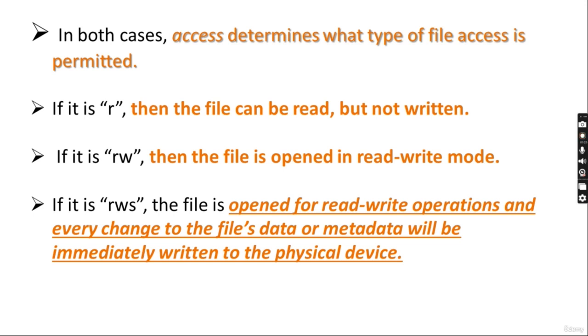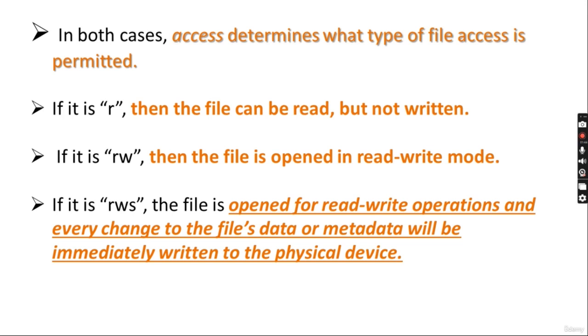Okay, access is "r", "rw", and so on. If it is "r", then the file can be read but not written. Second is "rw", then the file is open in read-write mode.